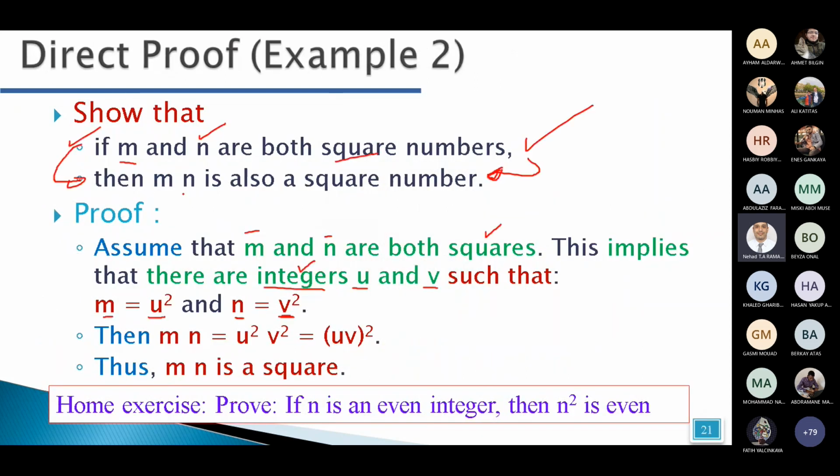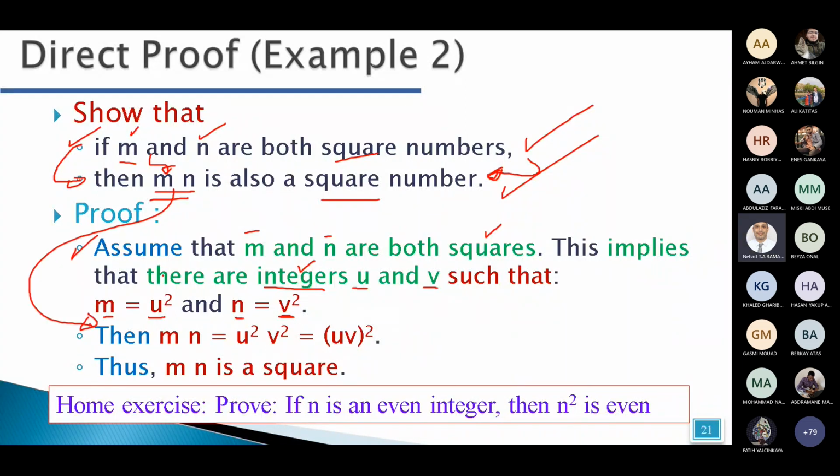Same idea here. We get the value of m and n and apply it here. If applying it here gives us a square, then we prove this one. Okay, so m multiplied by n.